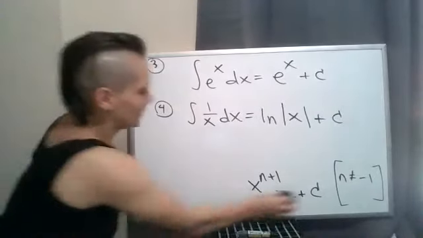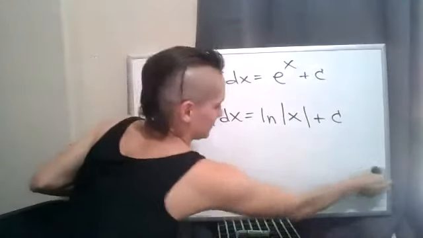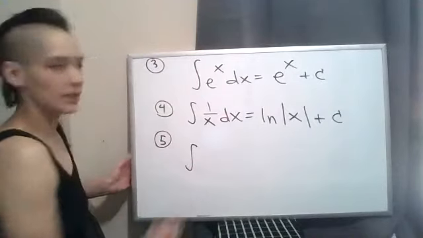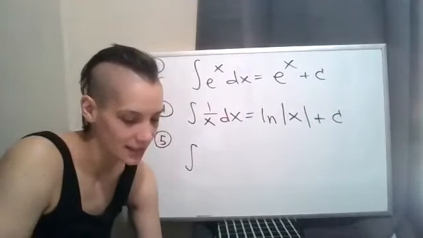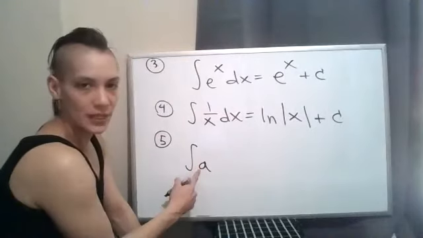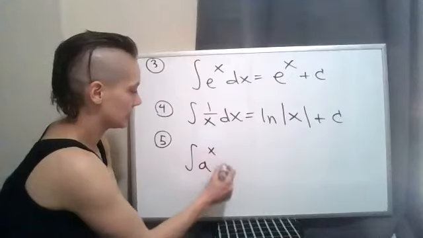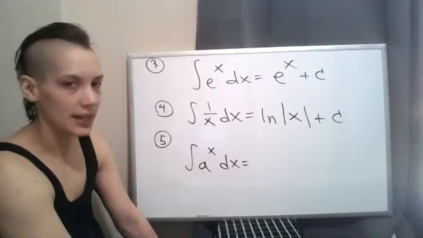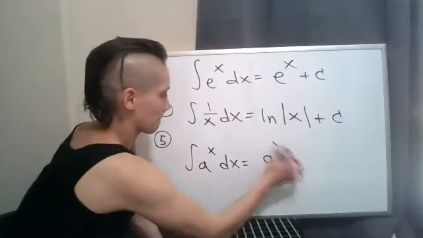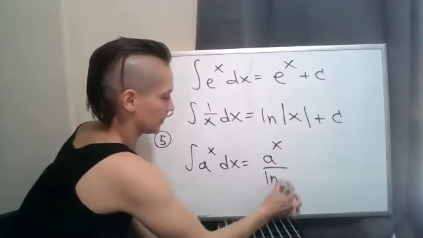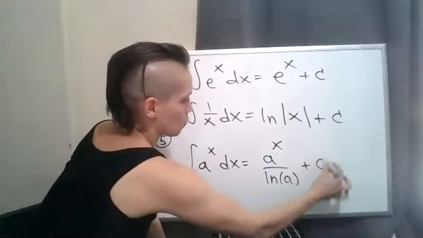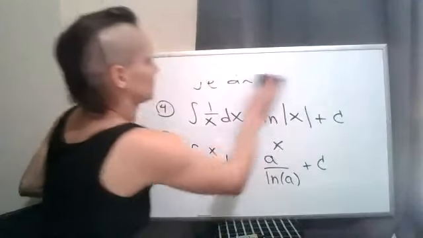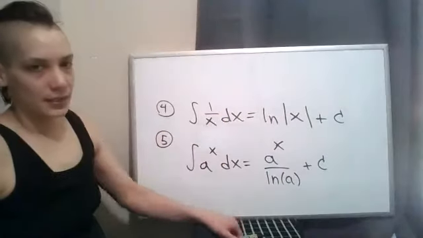Okay, let's just keep on with it. Number 5. Indefinite integral of a to the x dx. Some number a with the power x. It's a to the x divided by ln of a and then plus c. Number 6.